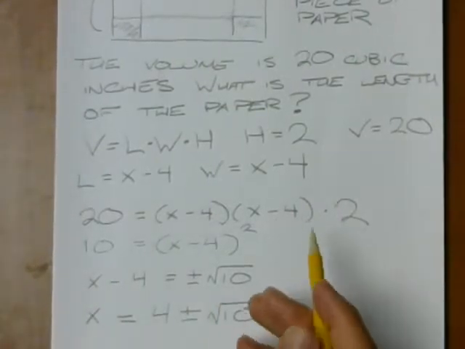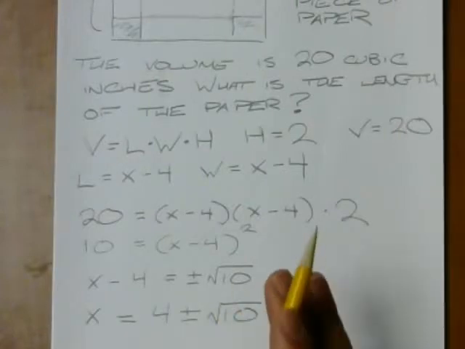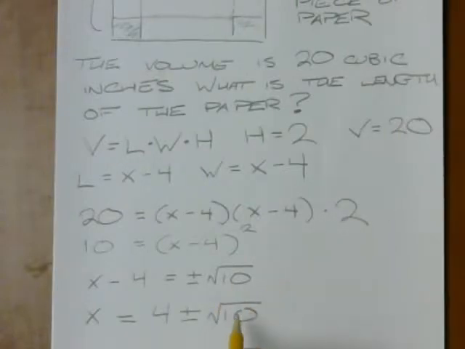So that is my answer. I have two answers, or do I? Well, 4 plus root 10 and 4 minus root 10? Let's think about that for a minute. Do both of those really make sense?